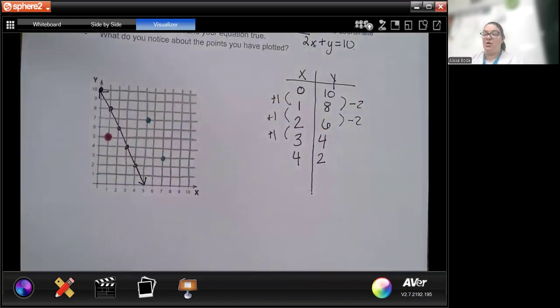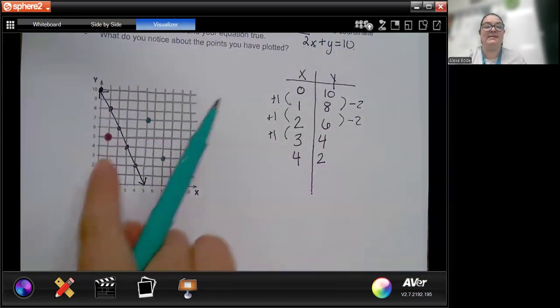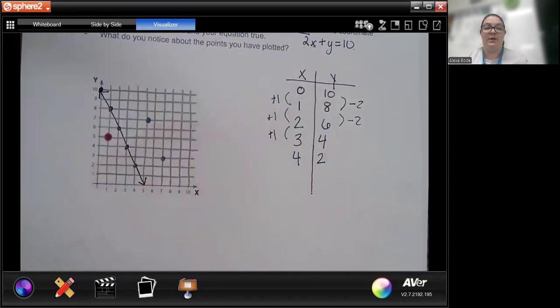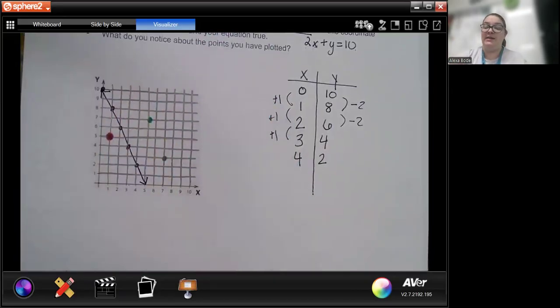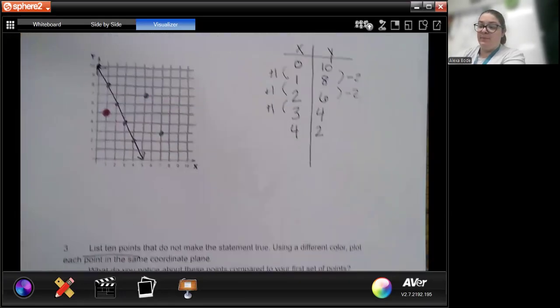What I want you to notice about these points is none of these points are on the line. So what makes something a solution is that point or that answer would be a point on the actual line. Anything that is false or not a solution would not be on the line.